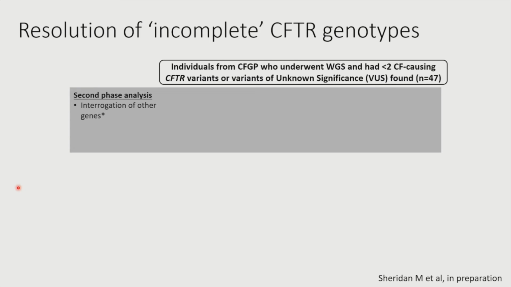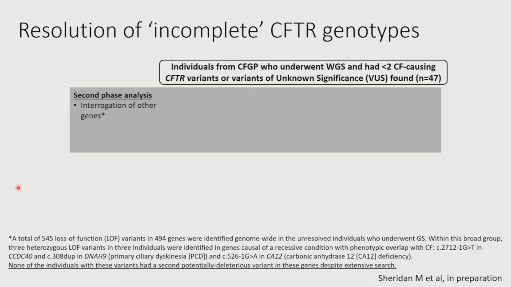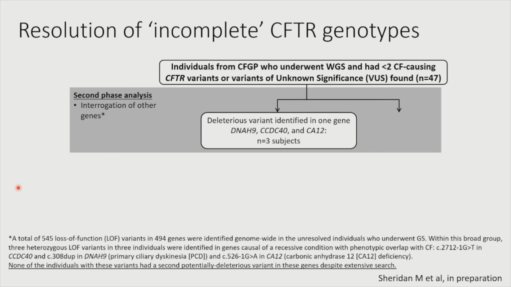And so a second phase analysis was done. It was really an interrogation of the genes, and I've summarized the information below. 545 loss of function variants were found in almost 500 genes. In that situation, deleterious variants were found in 3 people, 1 gene each, 2 genes that are involved in primary ciliary dyskinesia. One is carbonic anhydrase.